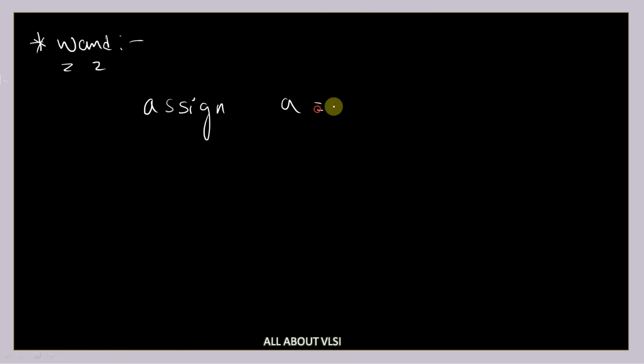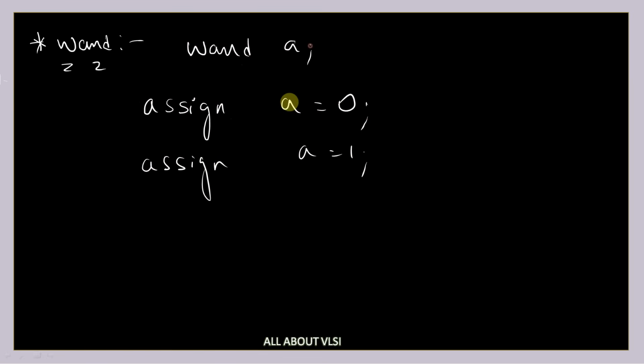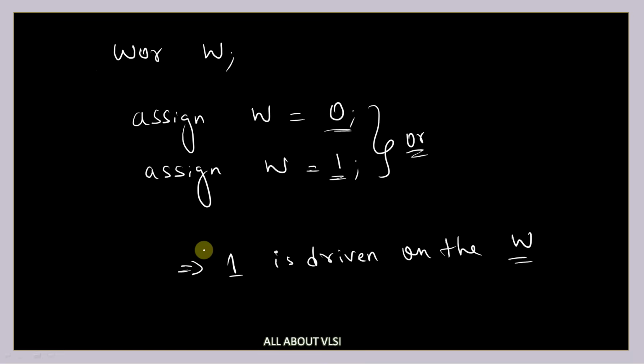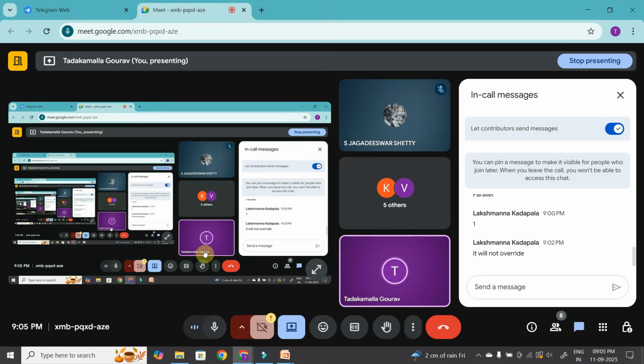If we write assign a is equal to 0 and assign a is equal to 1 and declare it as wand a, then the AND operation will be performed on these two values and the result, 0, will be driven onto a. This is how the wand keyword works. Are the differences between wire, wor, and wand clear? Any doubts or queries? Shall we move forward? Okay, great.